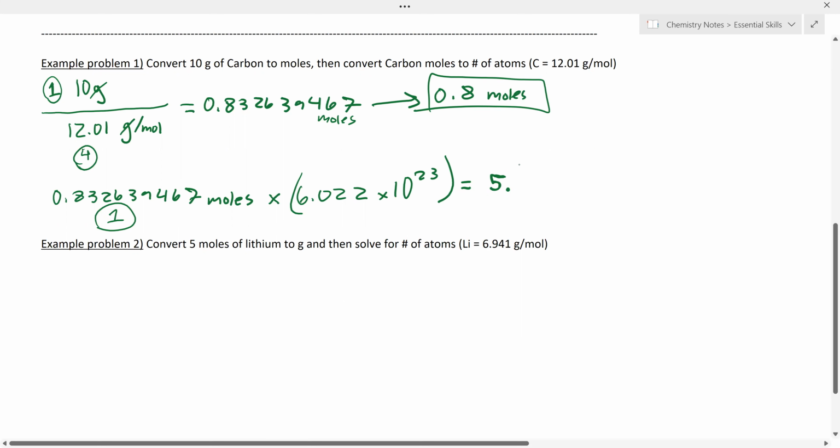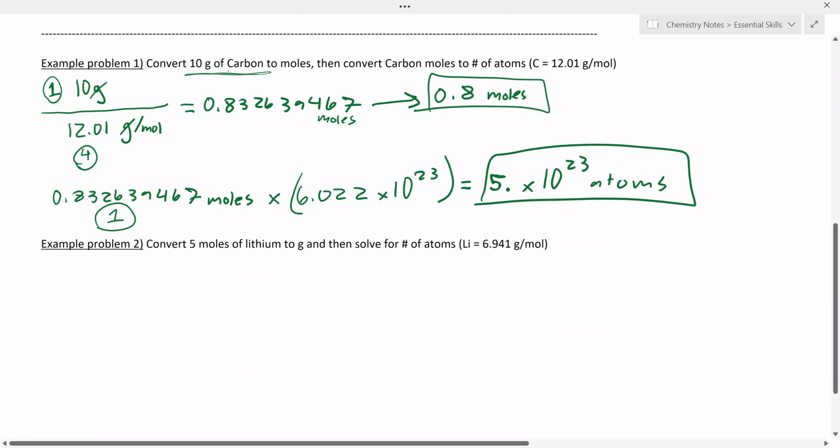That's why we include that decimal anyway. And in this case, it's 10 to the 23rd, because of what my calculator did, since there's only a certain number of digits the calculator can show. So that's how many atoms. Essentially, this is saying that you have 10 grams of carbon that is equal to this many atoms.